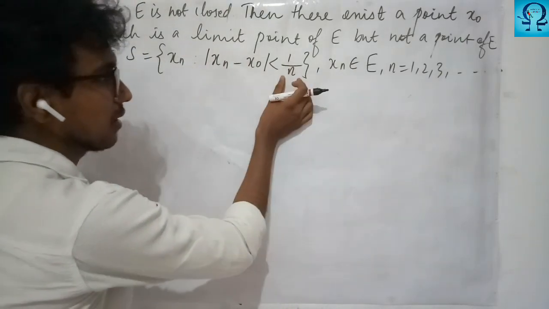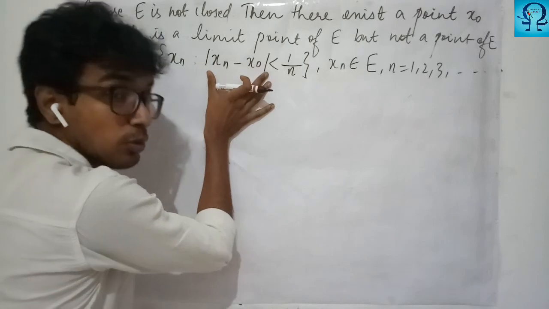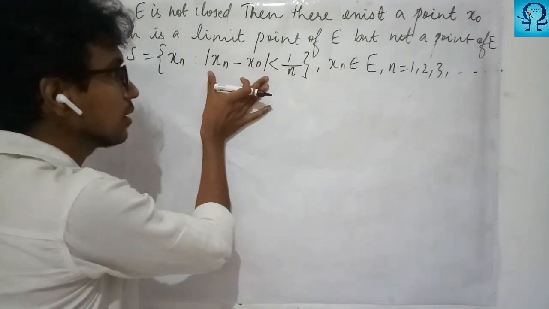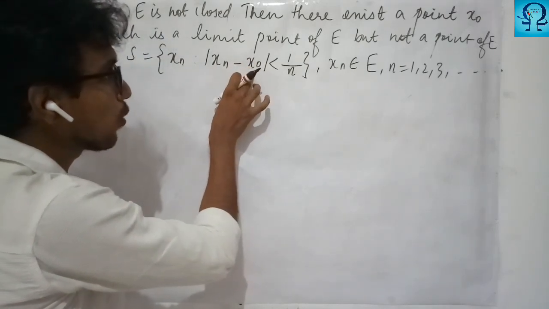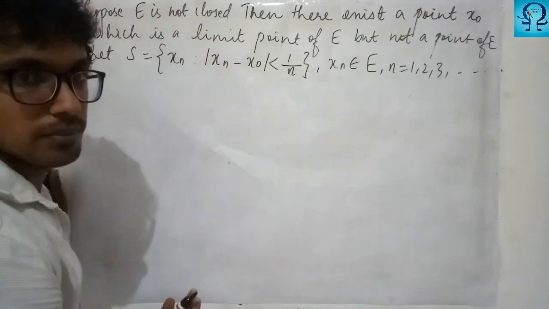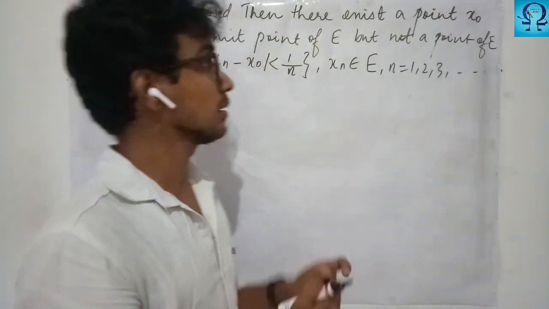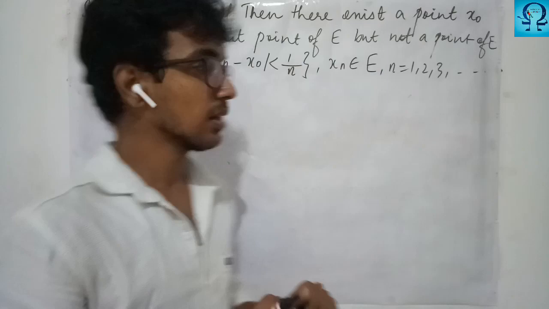After some stage here, we will have this value to be constant, which in turn will give you that this point becomes a member of E. But we have assumed that this is not a member of E, right?